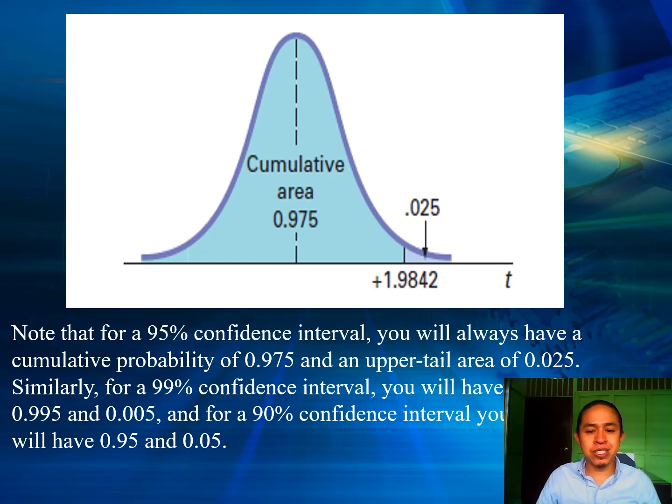And for a 90% confidence interval, you will have 0.95 and 0.05. So don't get confused, you have to remember those values so that you won't keep getting confused, right?